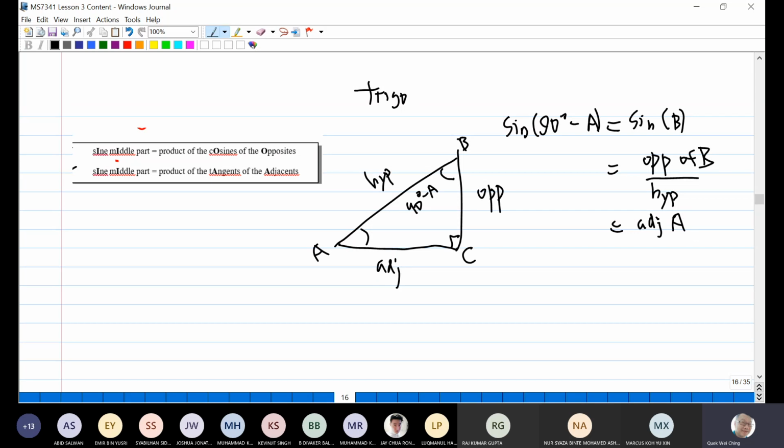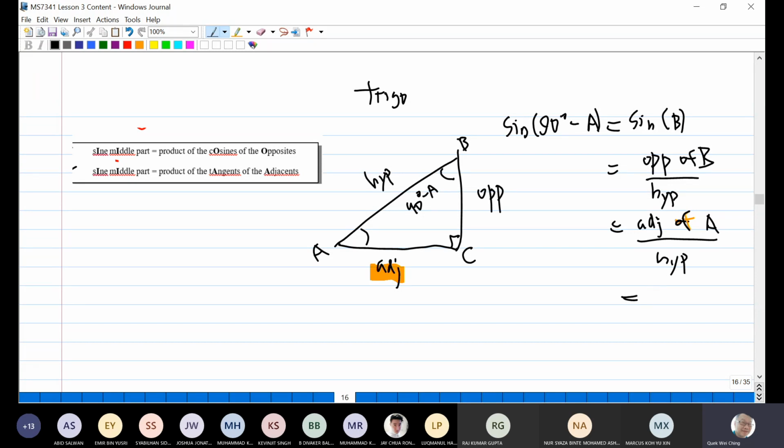Opposite of B is adjacent of A, over hypotenuse.